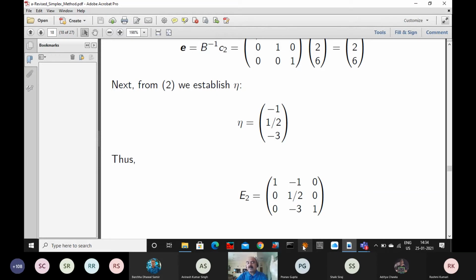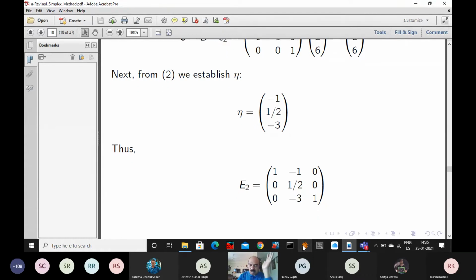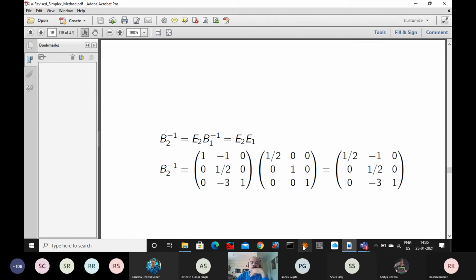We have to multiply with the inverse you have got earlier, that is E1. So B2 inverse equal to E2 into B1 inverse, that is E2 into E1. So when you change two columns, its inverse equals E2 into E1. This into this multiply, so ultimately this is the outcome.